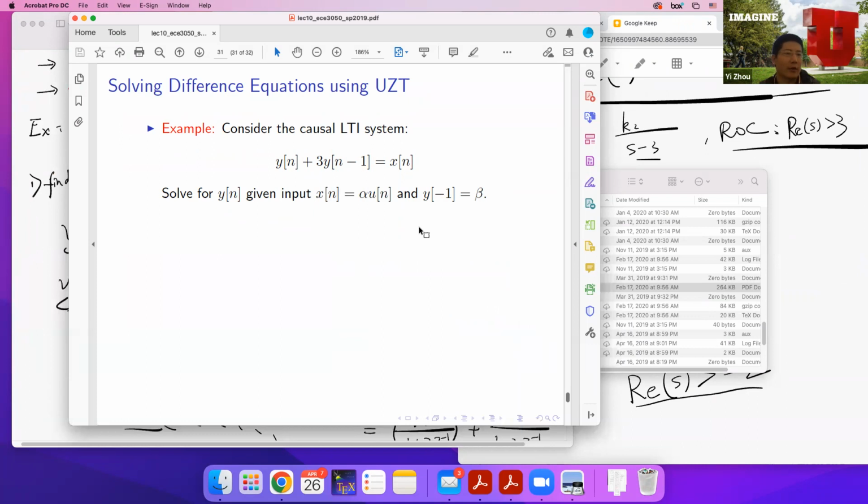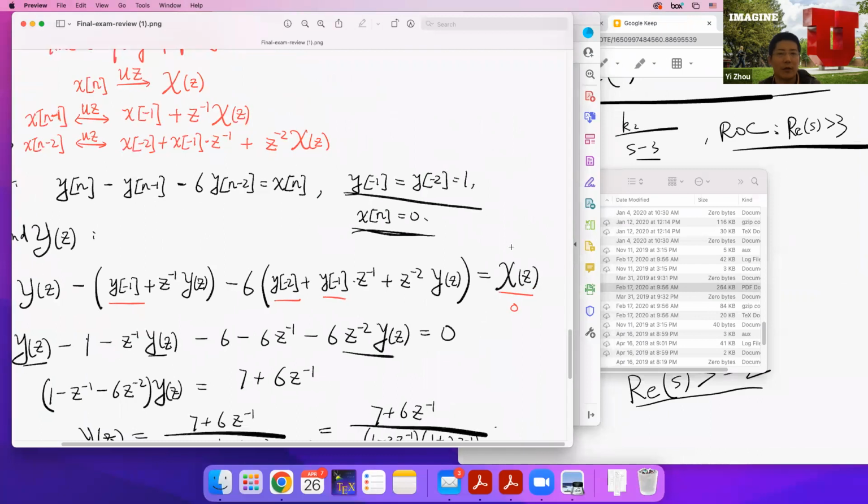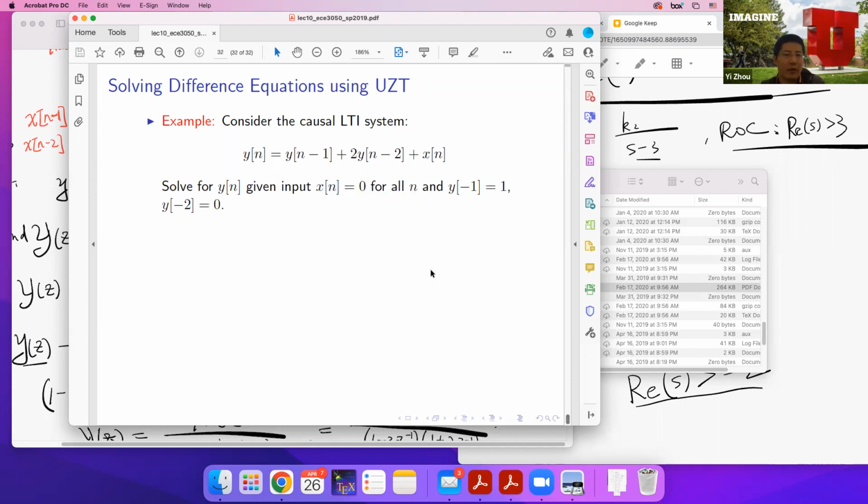So instead of having 0 on the right-hand side, you should calculate the unilateral Z transform of this given input. I think for this one, it is already given in the lecture slides. The last slide is another example on a second order difference equation.